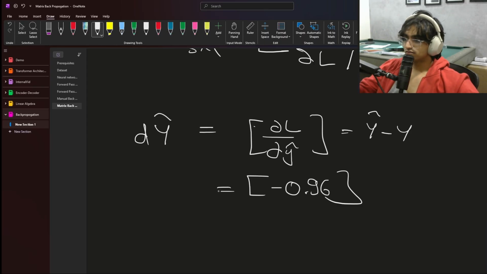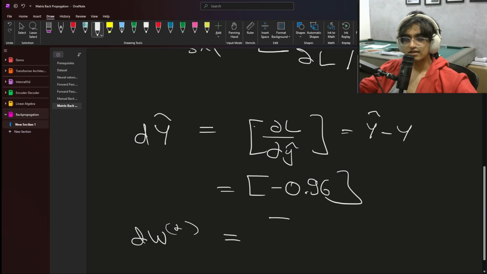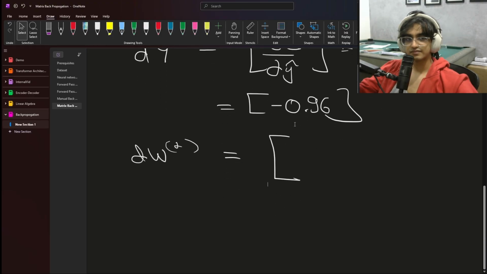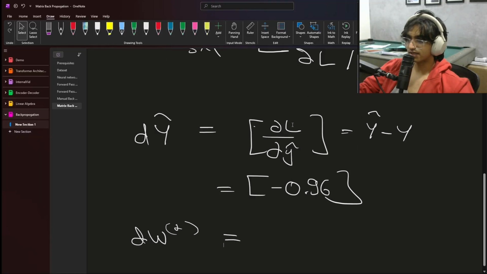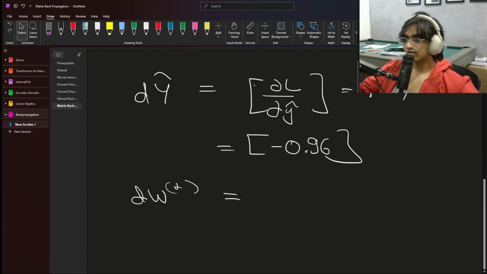Similarly, we can fill out dW2. I've already done the calculation, so I'm just going to write out the values. Again, we use the chain rule. Actually, let me write it out first.